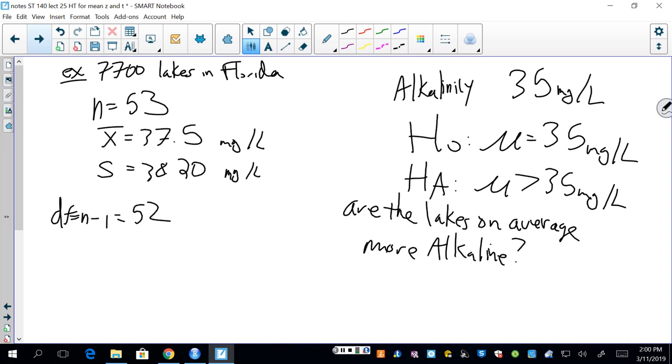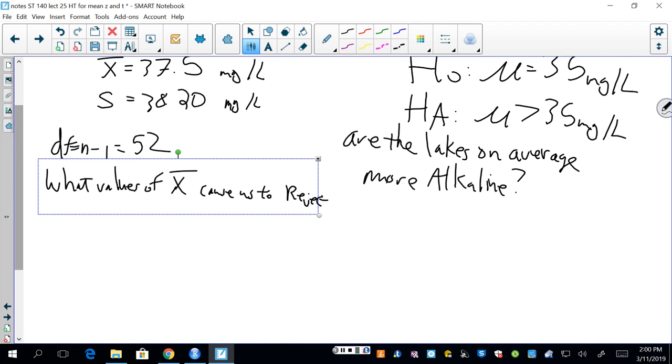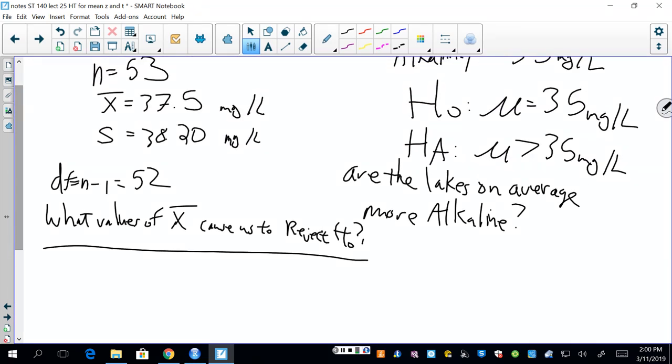And if we want to get the rejection region, at what values of x bar do we reject H0? For this type of one-sided hypothesis, we're just going to look in one direction. So we're going to put all the 5% on one side. Many of our problems, like on exams, if you do things two-sided and put half and half, that'll be fine.